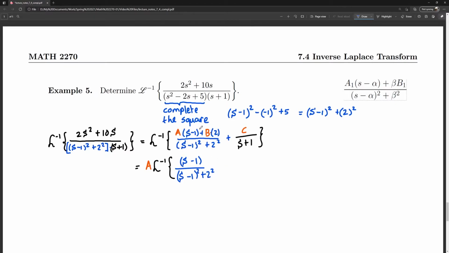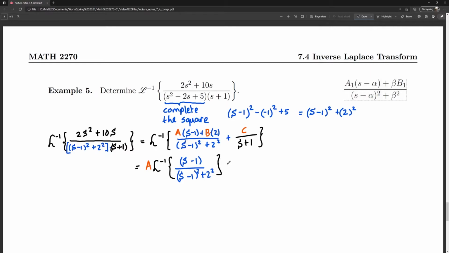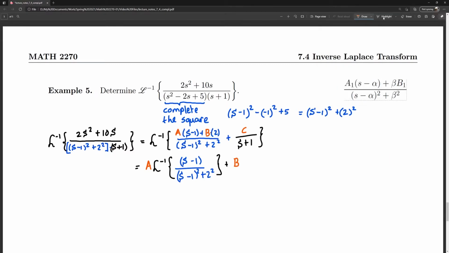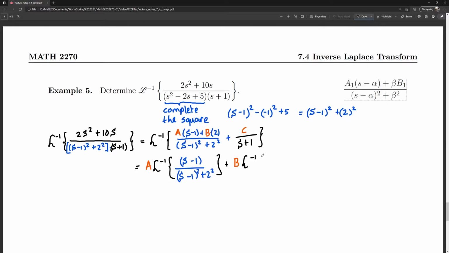And now I'm breaking this fraction up, so I can then write this as plus b times the Laplace inverse of 2 over s minus 1 squared plus 2 squared.